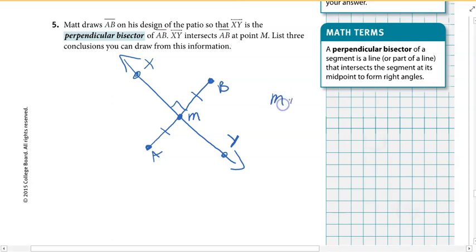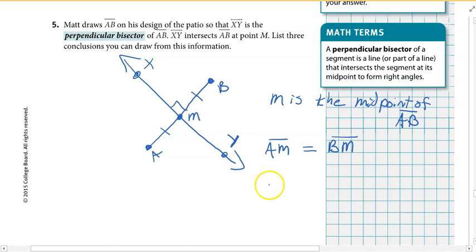I know that M is the midpoint. I know that AM equals BM, and I know that AM plus MB equals AB.